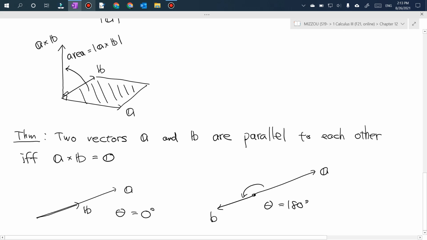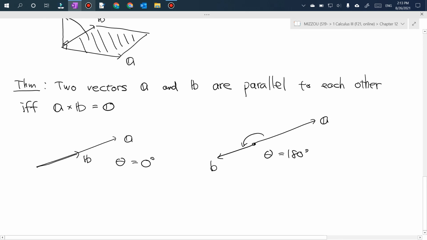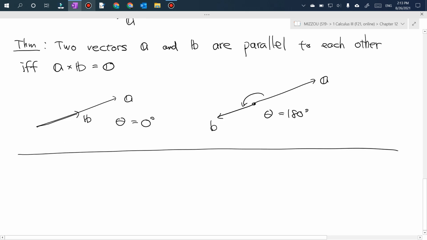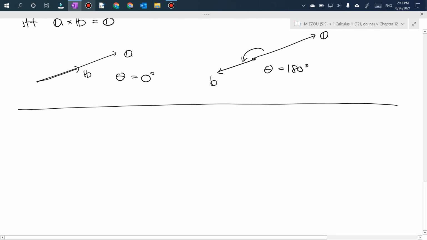Either case, you don't have the parallelogram spanned by those, which means the area is 0, which means the cross product is 0. Okay, then now, using this property of cross product, we can do this kind of exercise.